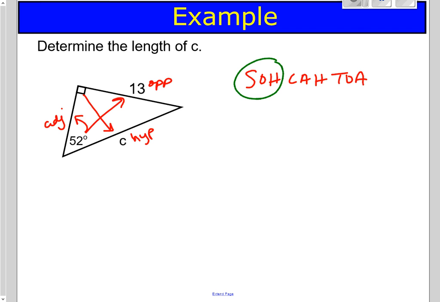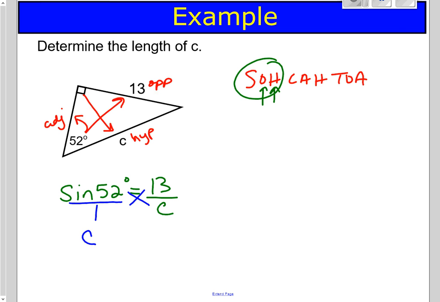Which means once again, I am going with the sine trig ratio. So sine of 52 equals my opposite side over my hypotenuse. Okay, we're still going to cross multiply. So I'm going to get C sine 52 equals 13. 1 times 13 is 13.